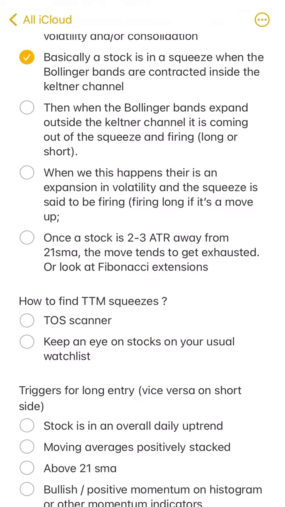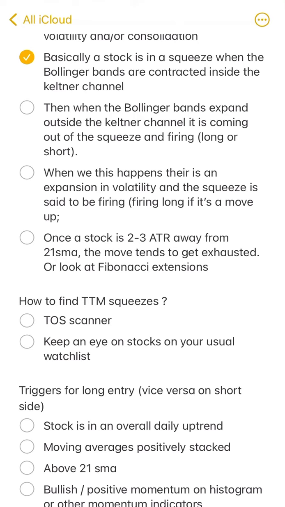Basically, a stock is in a squeeze when the Bollinger Bands are contracted inside of the Keltner channel, right? So that's two things that I plot on my chart most of the time. If I'm on mobile, that's actually what I use. I use the Bollinger Bands and the Keltner channels on mobile.